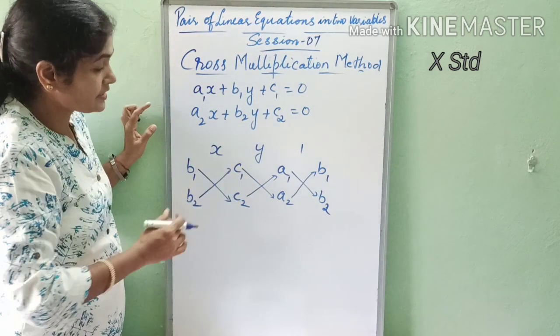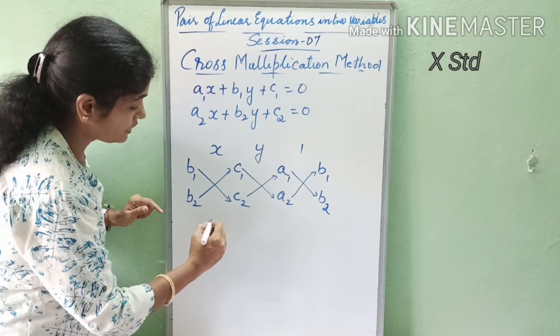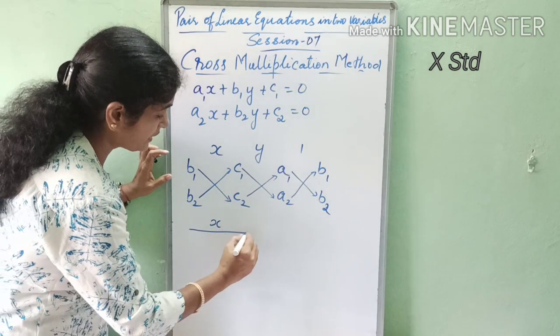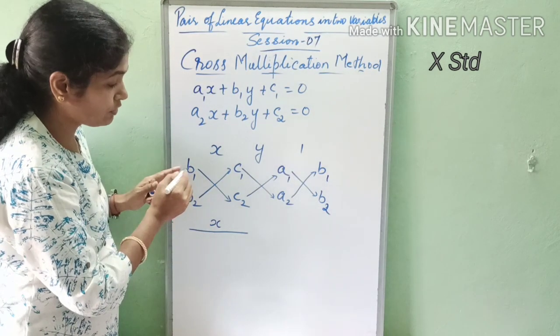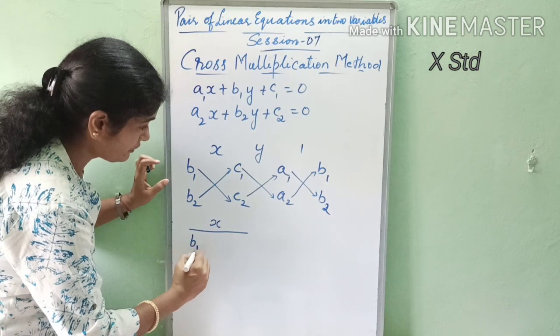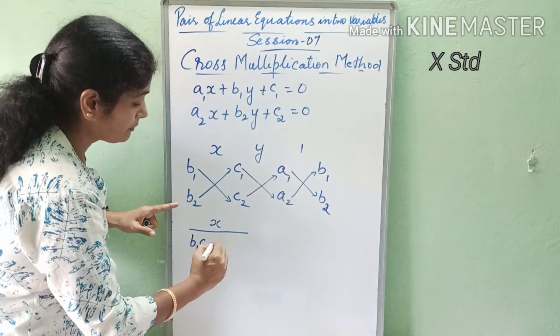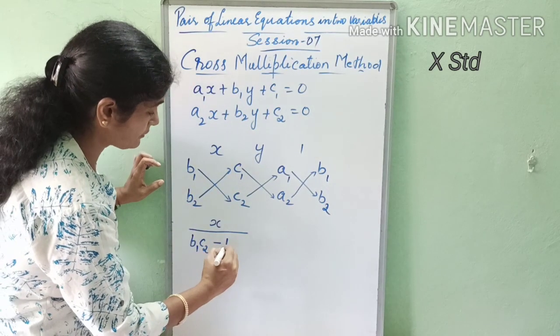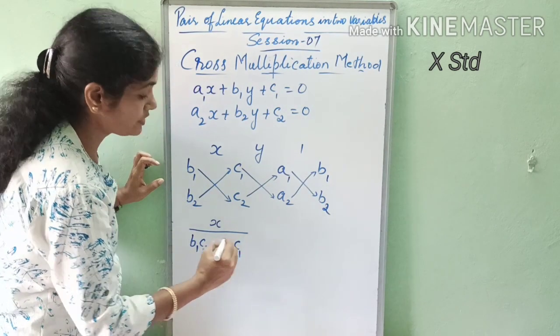Now next what step we have to do? It will be x divided by, first always go with the down arrow, b1 into c2 minus b2 into c1.